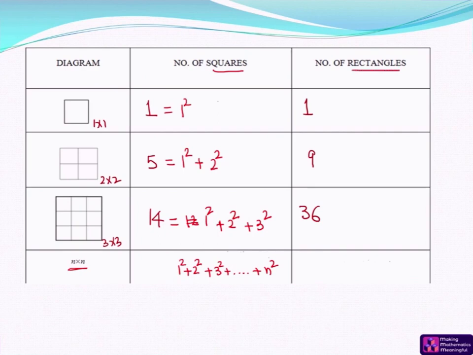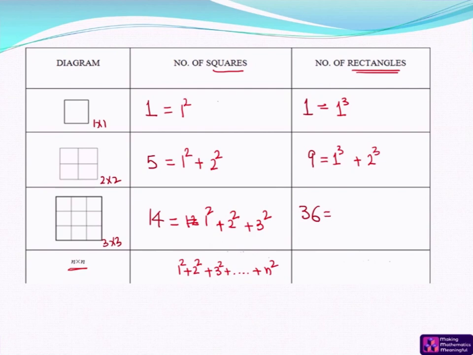Let us now focus on the number of rectangles and look at the numbers. Yes, you guessed it right. They are related to the cubes of natural numbers. 9 is 1 cube plus 2 cube.